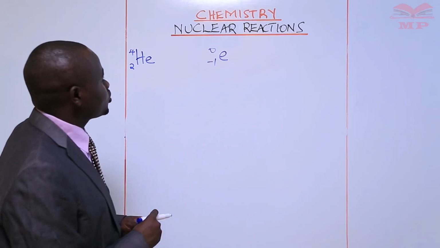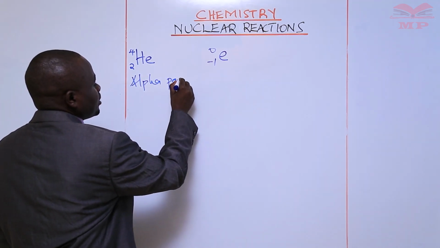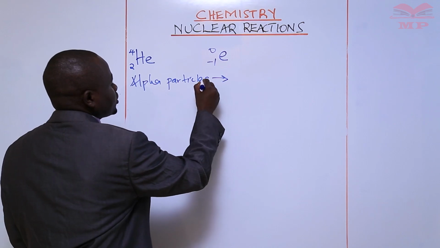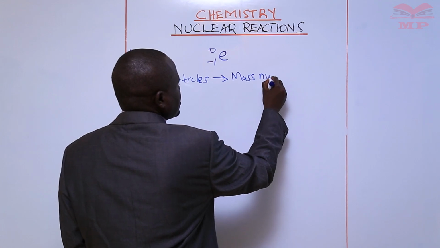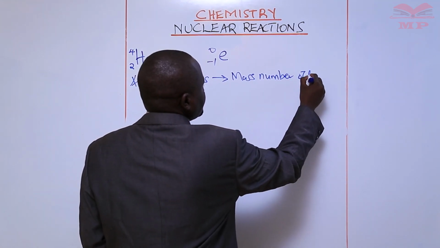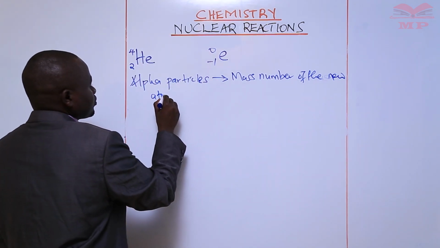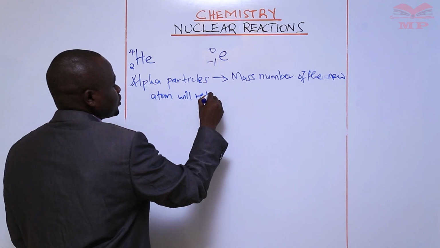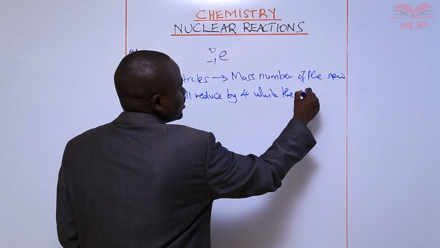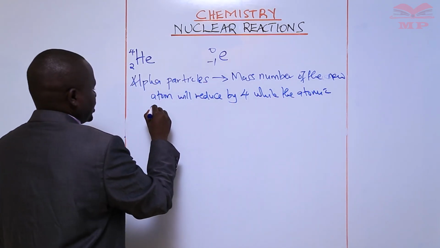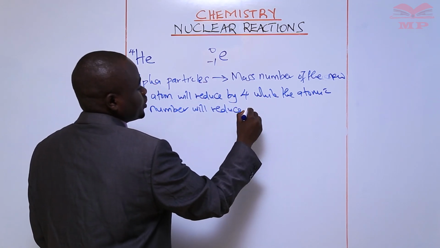When an atom decays by emitting alpha particles, this is what happens. The mass number of the new atom will reduce by 4, while the atomic number will also reduce, but by 2.